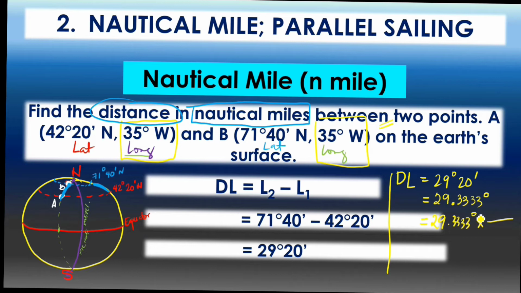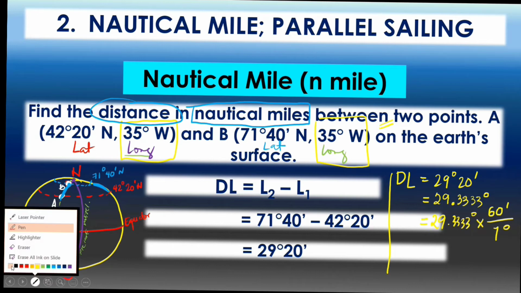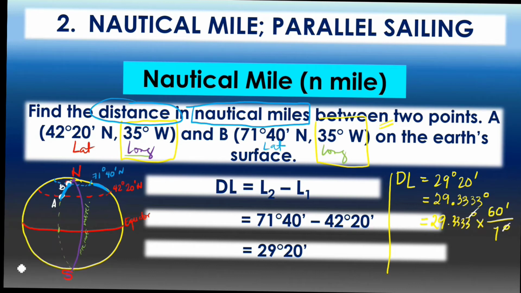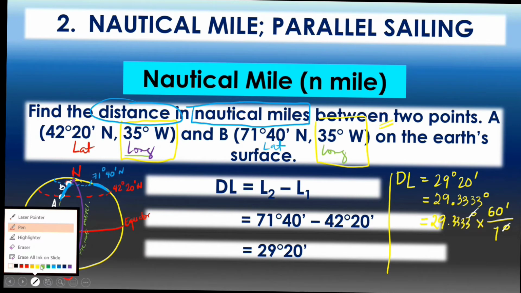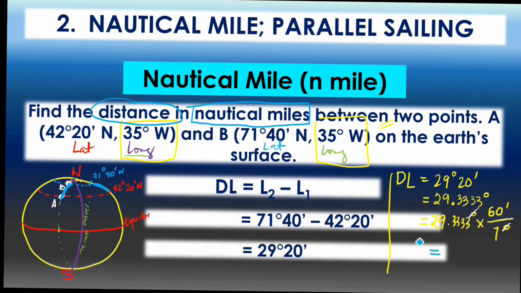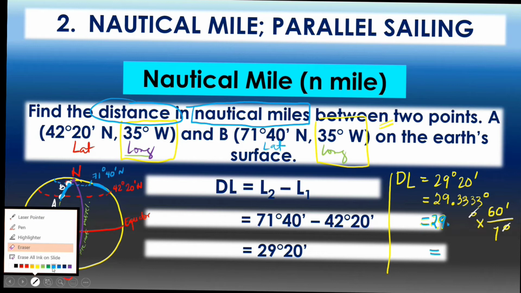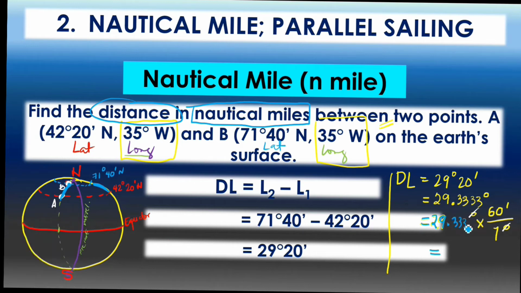So in converting it to minutes, again, if we need to cancel the degree, in the denominator we should have the degree unit also. Okay, and we know that 1 degree is equal to 60 minutes. Okay, so with this, we can already cancel the unit degree. So I'll just make it clear. 29.333, I'll just rewrite this so that you can see.